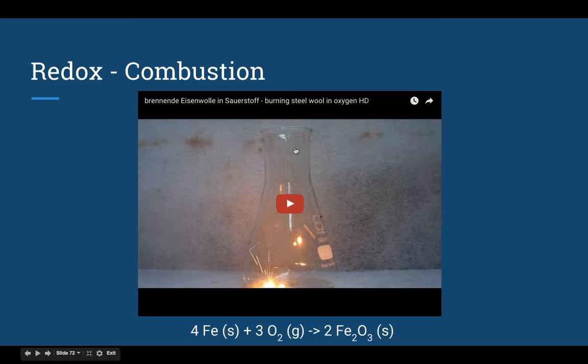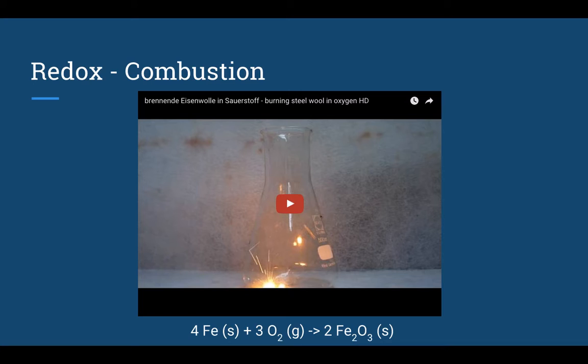What we have in this Erlenmeyer flask is pure oxygen. They actually created pure oxygen gas and filled this Erlenmeyer flask with it. If you take something like steel wool, which has really fine wires of iron, that does have enough contact with the oxygen gas to combust.